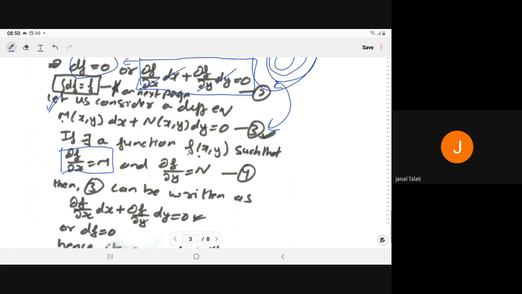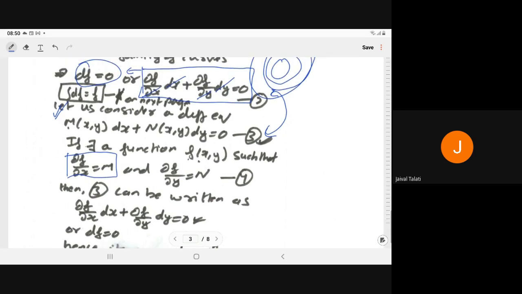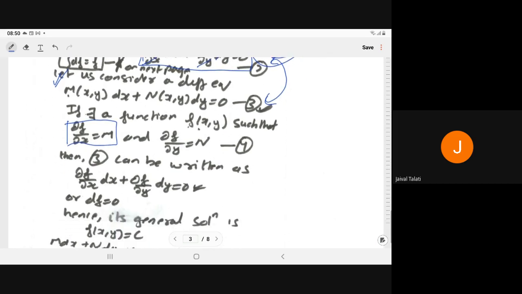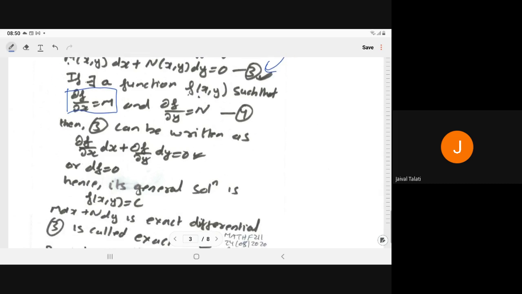So the third can be written as del f by del x into dx plus del f by del y into dy is equal to 0, or it can be written as df is equal to 0. Hence we have f(x, y) is equal to c.